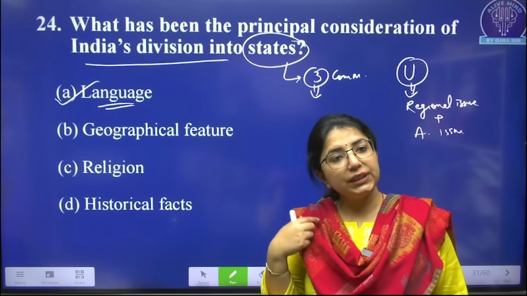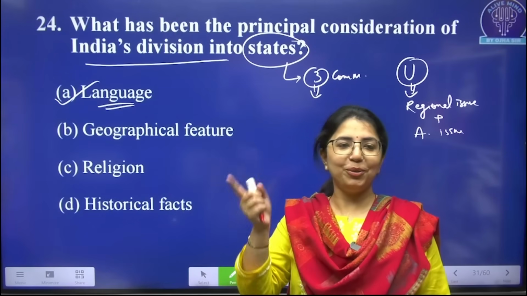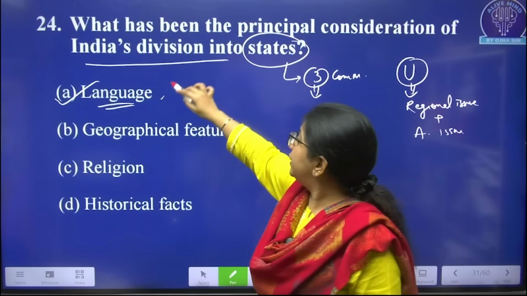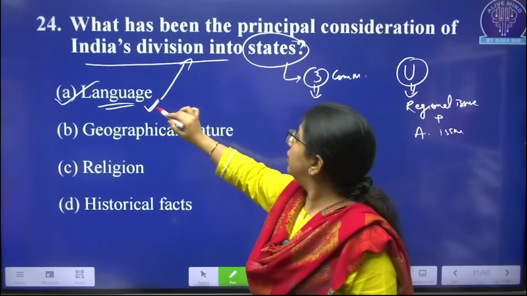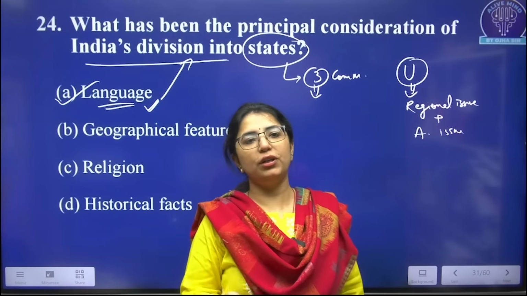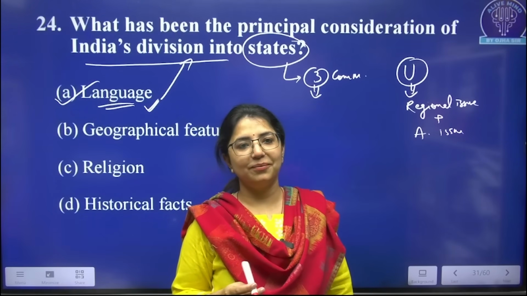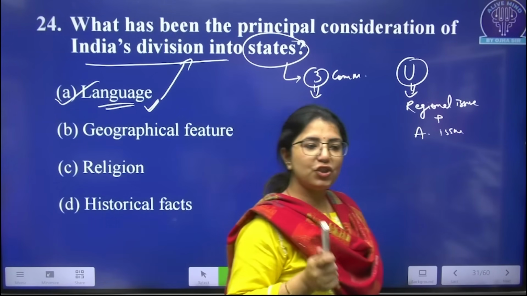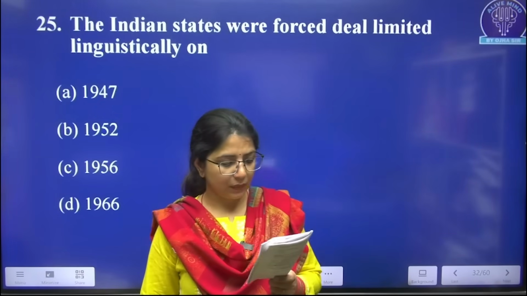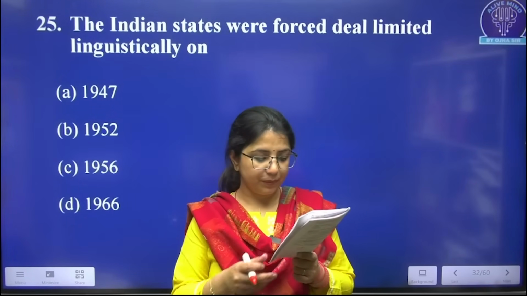Which was the first state, that I'll tell you in the polity classes, whichever teacher will be there, which was the first state which got its identity on the basis of the language? It was Andhra Pradesh. In which year? In 1953. You'll get to know in the polity while doing that. Then is question number 25.